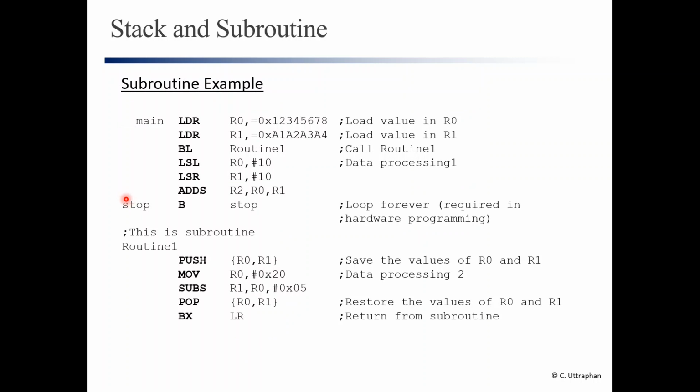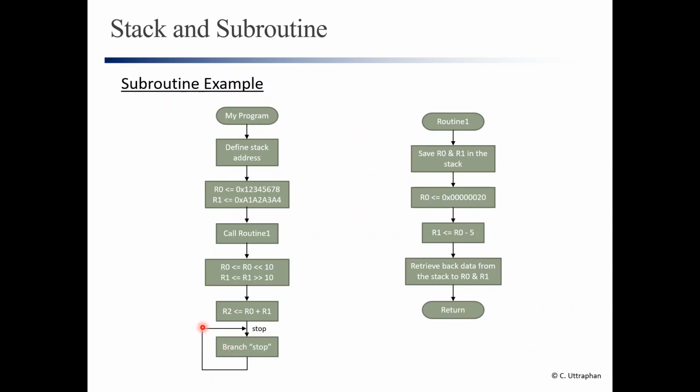Let's look at this example for the application of stack and subroutine. For better understanding, let's draw the flowchart for the program. Here is our flowchart, where this will be the main program, and this one is the subroutine.